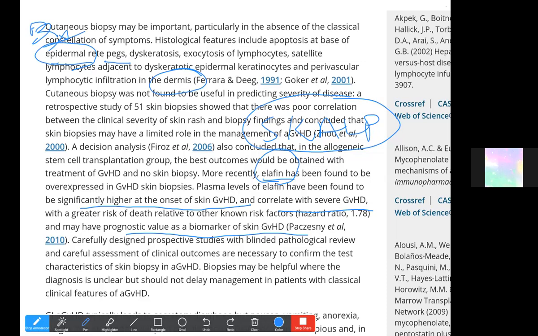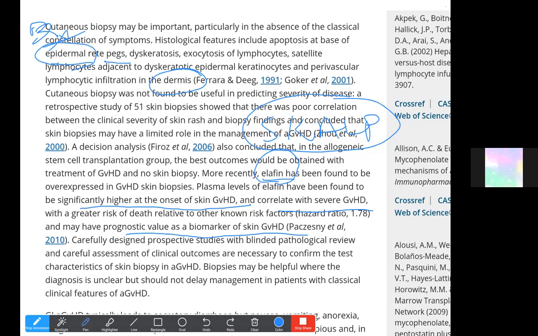Elafin is downregulated in the majority of breast cancer cell lines compared with normal. There are a lot of studies in other diseases also, but generally it is produced in the skin, in the lung, and in the breast tissue.